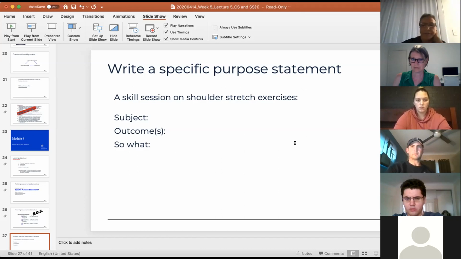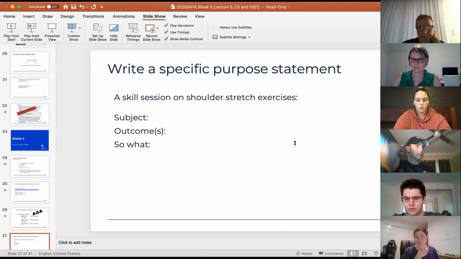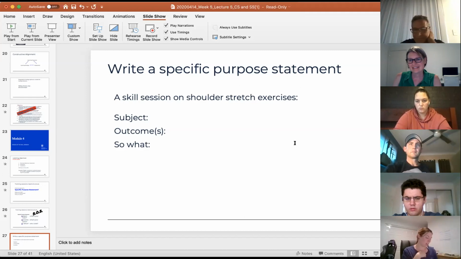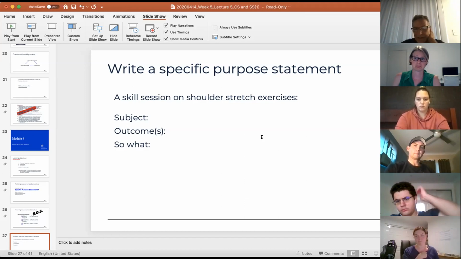What would you have? I don't know if I'm right, but I'm just going to. Yeah, good. The subject would be how to stretch your shoulder, and the outcome would be to learn how to stretch it effectively. And the reason why you're doing it is because muscle tension leads to pain, so stretching minimizes pain. Okay, so go through that again.